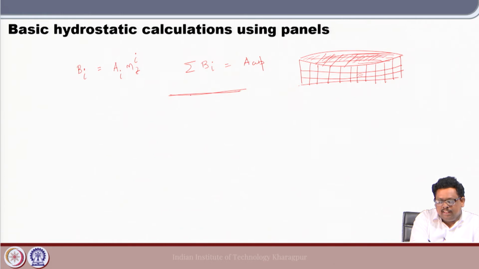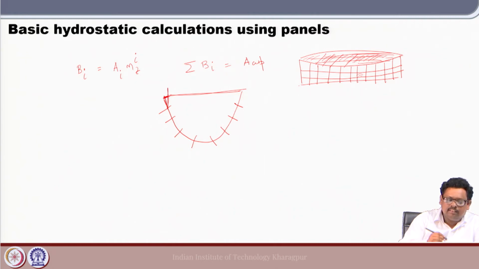Suppose this is your line and this is the shape of the curve, and you are distributing it into a number of panels in the 2-dimensional case. Now, what you do is take the vertical projection of this length, which gives you this much length. Then again you take the vertical projection of the next one, and you get this much.